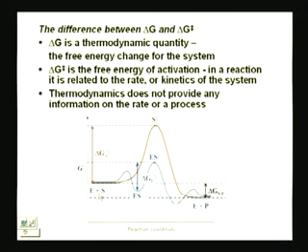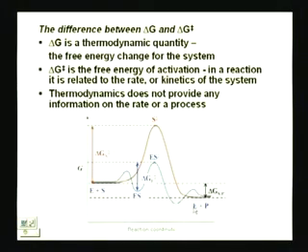If you notice, what do we have in the beginning? In the first slide that I showed you, we had A plus B going to P plus Q. What do I have here? I have E plus S going to E plus P. So, what is my E?